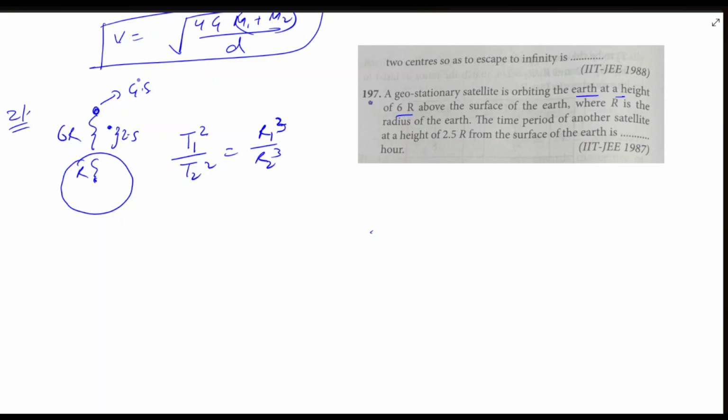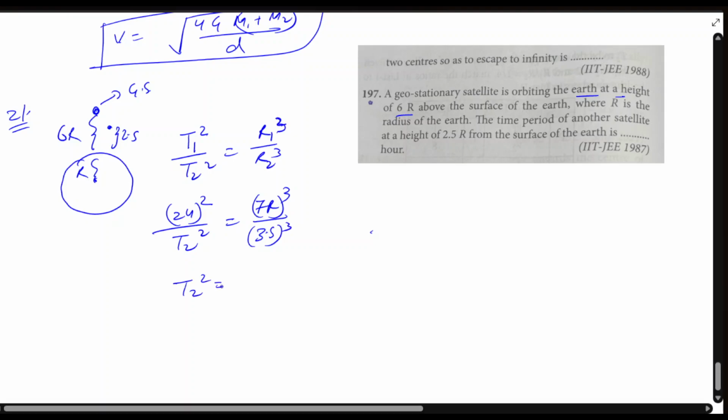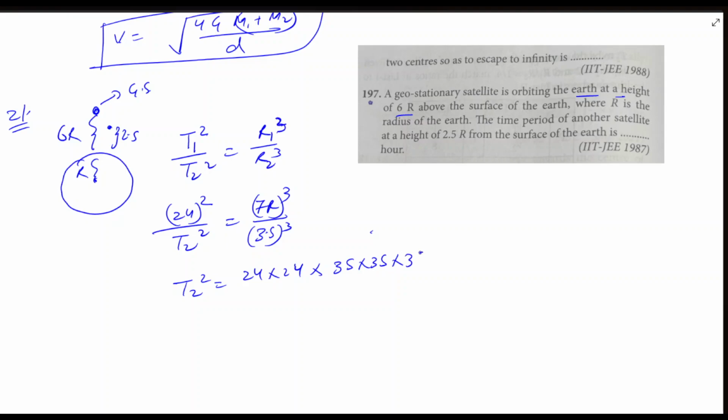Now T1 is for the geostationary, so it will be 24 square upon T2 square, which will be equal to R1 cube. R1 will be 6R plus R, so it will be 7R cube, and R2 will be 2.5 plus R, so it will be 3.5R. So T2 square will be 24 into 24 and into 35 into 35 into 35 divided by 1000, right?